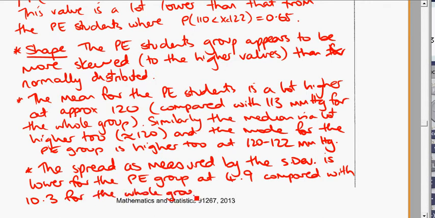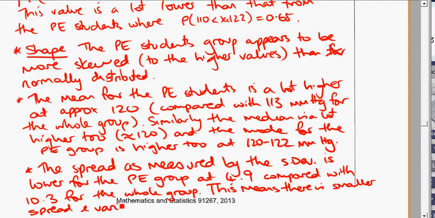So what does that tell me? It tells me there's a lot less variation in this PE group. You'll need to write that down. I'm running out of space. This means there is a lot less variation. There is smaller spread and variation about the mean for the PE group. I'm sure there's other things you can write too.